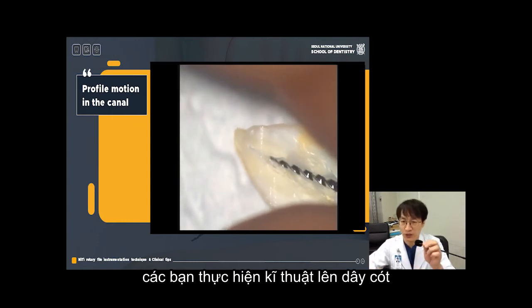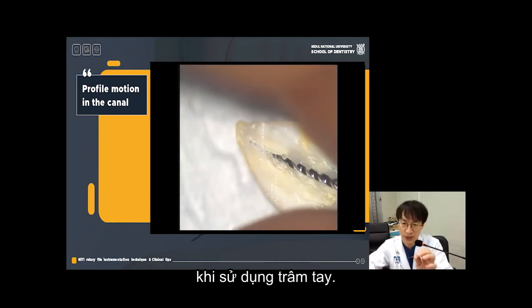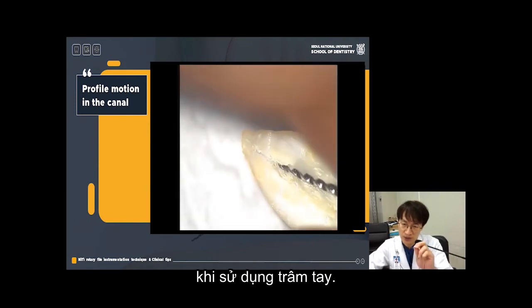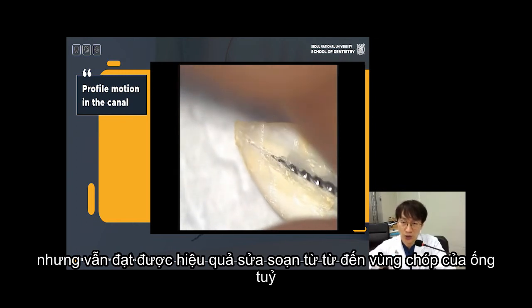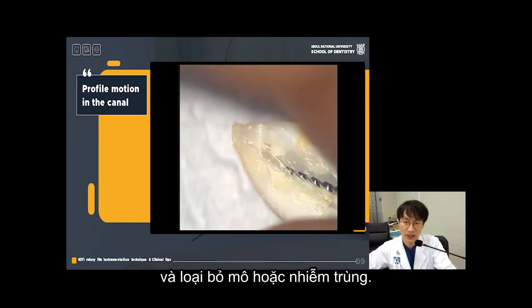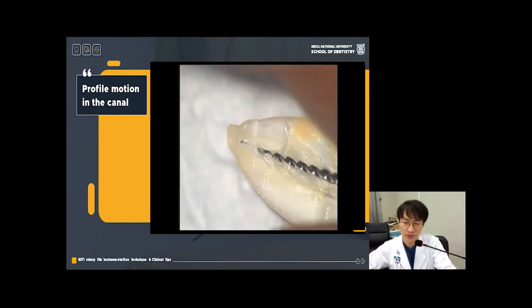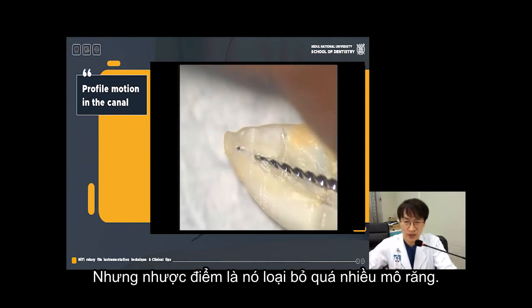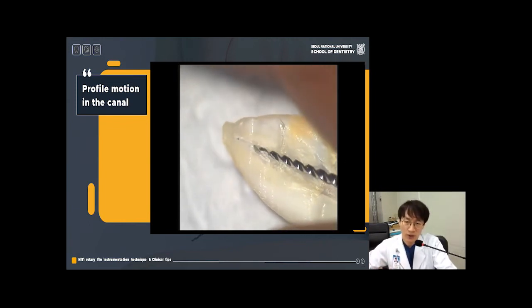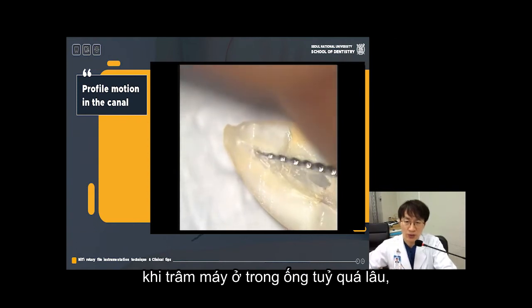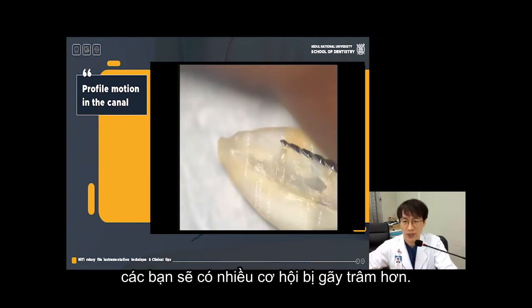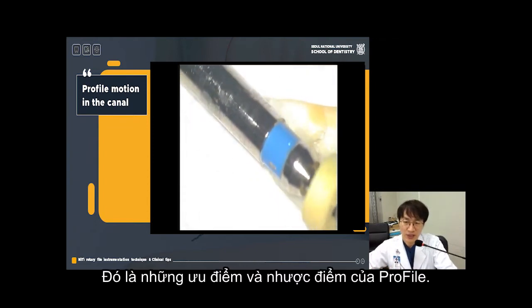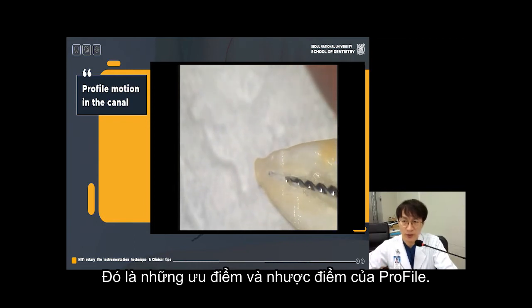When you do hand instrumentation, you work with the watch-winding motion with your hand file, but this is really faster, and it works efficiently to gradually reach the apical area of the root canal and remove the tissue or infection. But the disadvantage is it takes too much time, and once your file is inside the root canal too long, you're going to have much more chance to separate the file.